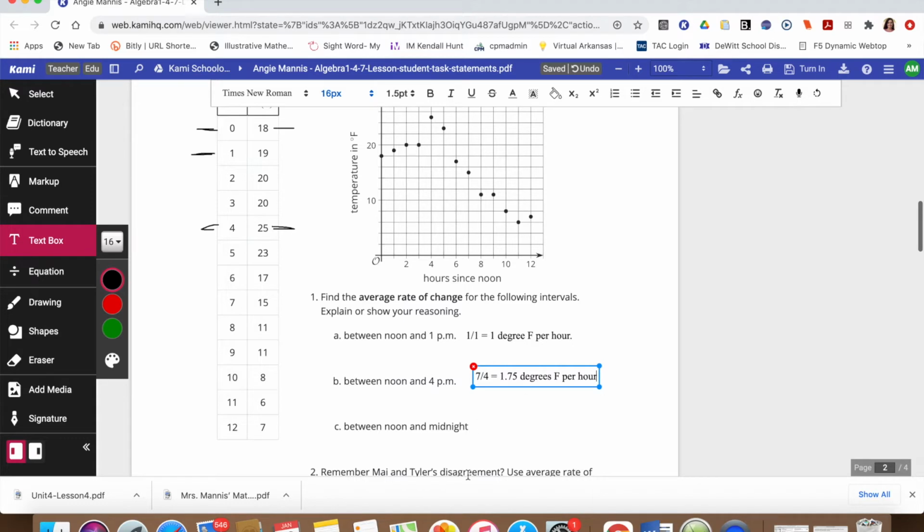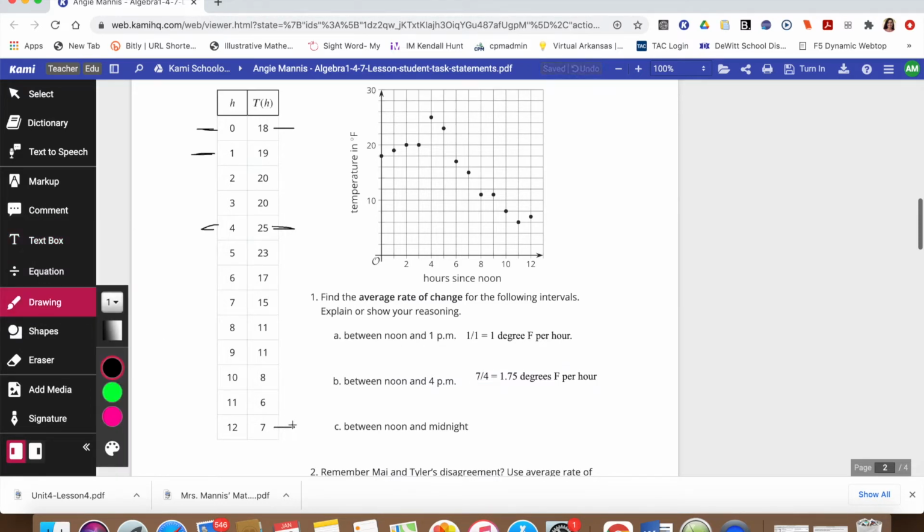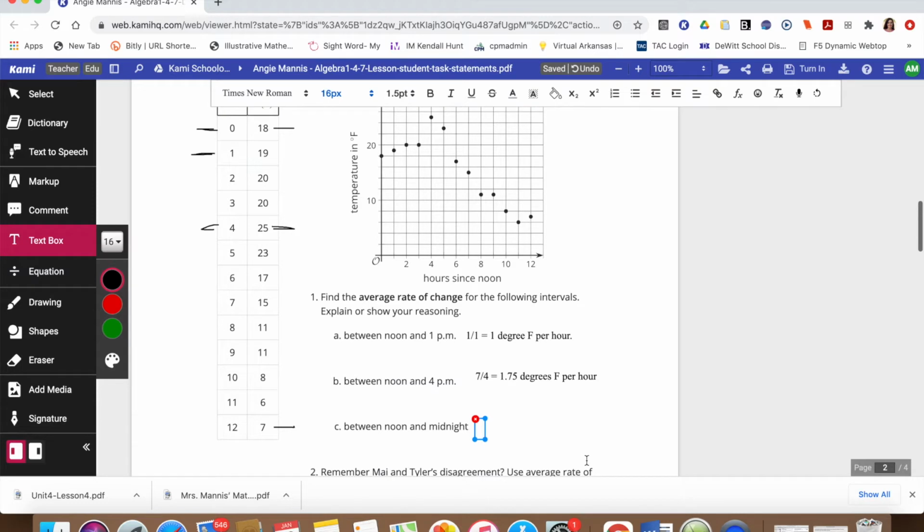And then you have to calculate between noon and midnight. So at noon, it's 18 degrees. At midnight, it's 7 degrees. So this time it's decreasing. So it decreased from 18 to 7, so you would have a negative 11 since it's decreasing. And you have to divide that by the time that went by, and that's 12 hours.